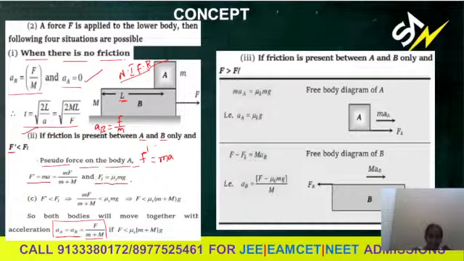The limiting friction that develops is mu mg, whereas the pseudo force is less than the limiting friction, so m into F by (M plus m) will be less than mu mg, so it will not move. Bodies will move together.